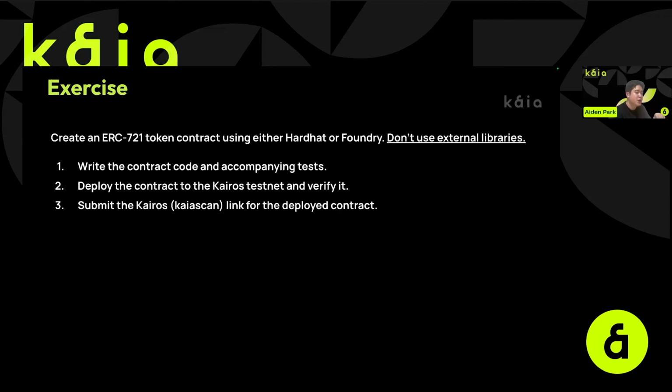Please build from scratch, and don't use external libraries like OpenZeppelin or Solmate. Write the contract code and some unit tests, and you can use fork testing or fuzz testing. Then deploy the contract to the Kairos testnet and verify it. You can submit to our Discord channel the link of the Kaiascan page of the contract that you verified.